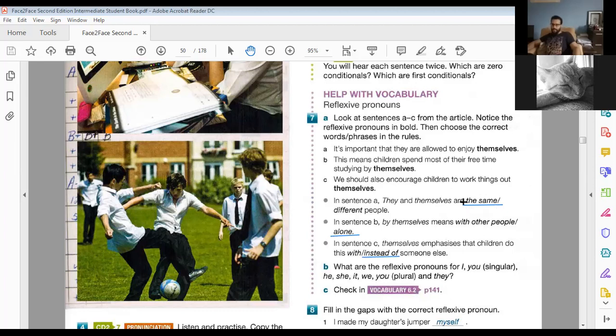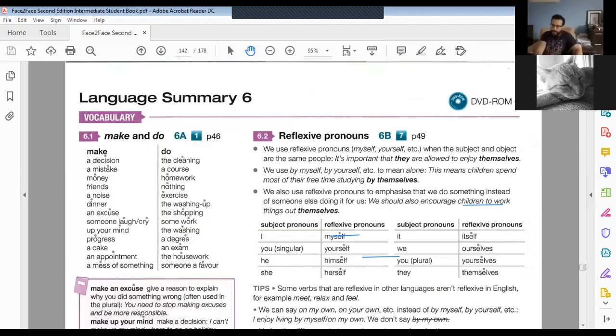All right, let's see if your answers are correct in the summary. You chose the same people, alone, and instead of someone else, okay? Let's check the summary. I have a feeling you got them correct. You got them right. All right, can you see the reflexive pronouns at the top right?